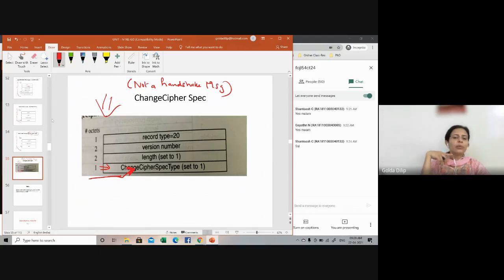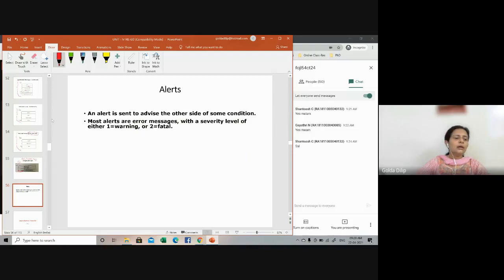Maybe a new value can be set or something. As of now, whenever things happen, it's generally set to 1. Other than that, it's quite unclear regarding why it is set to 1. Okay, so it's a 1 byte message, which is always set to 1. Then, of course, we have the alerts.